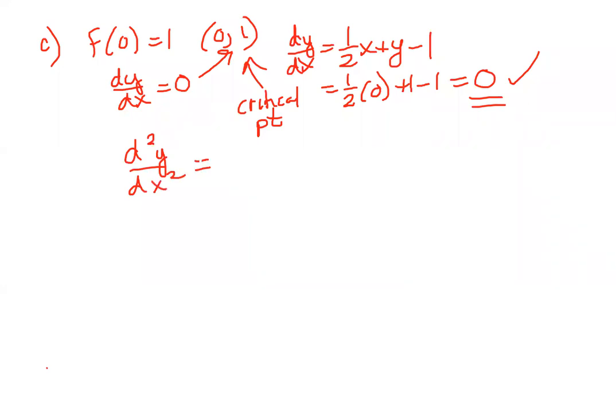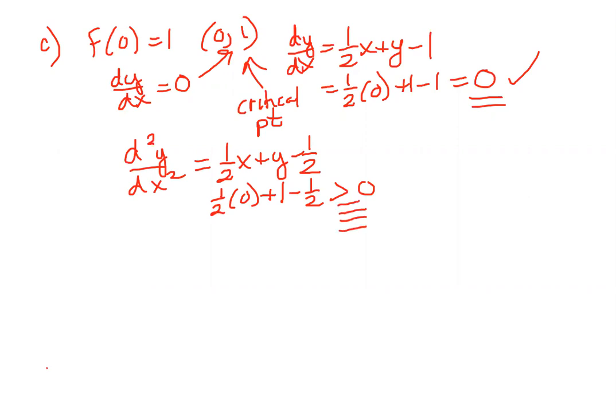Remember that the second derivative equals, what does that equal? 1/2 x plus y minus a half. So at this point 0, 1, this equals 1/2 0 plus 1 minus a half. That is greater than 0. When it is greater than 0, it is a relative minimum.